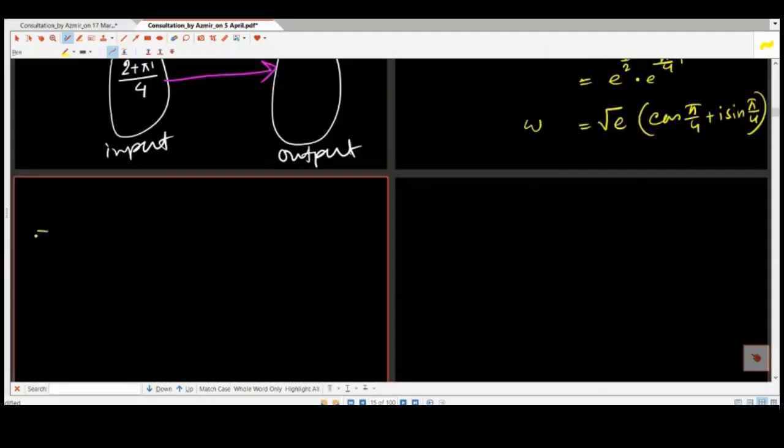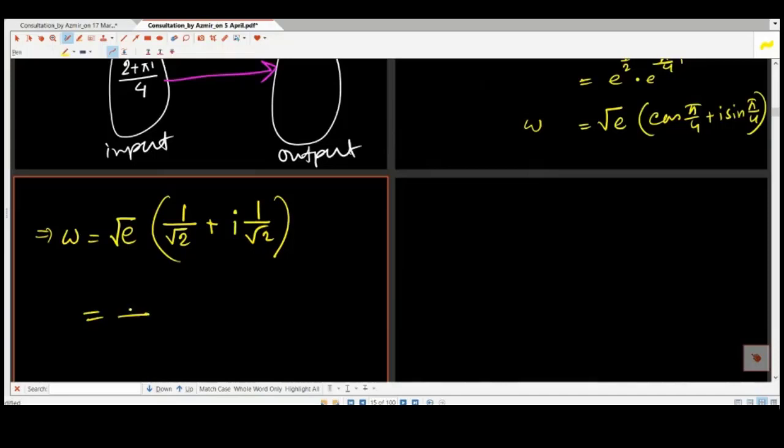So w equals root e times cosine pi over 4, that means cosine 45 degrees is 1 over square root of 2, plus i sine 45 degrees, sine pi over 4 is 1 over root 2.